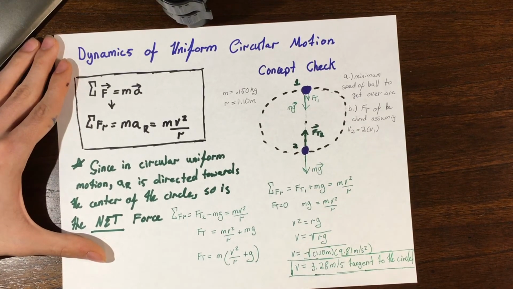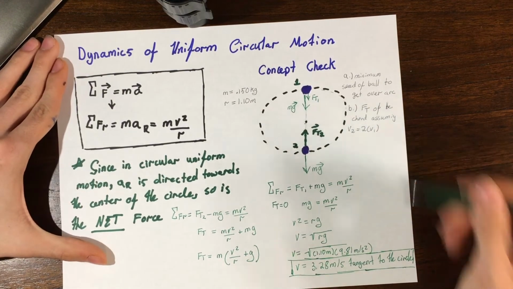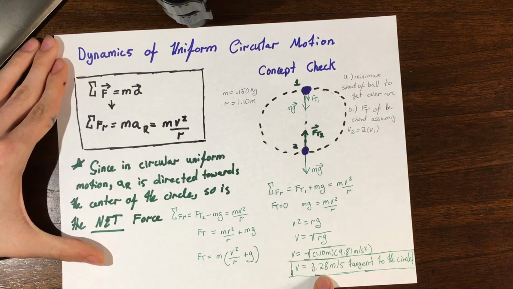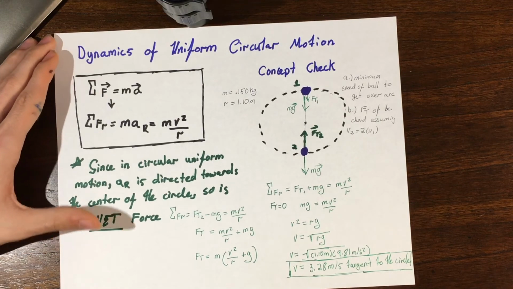Mass does play a role in this case. Then you just plug in numbers, and since v2 is 2 times v1, you'd plug in 6.56 meters per second for v2. And that is your equation. You just plug in your numbers and can find your force tension.